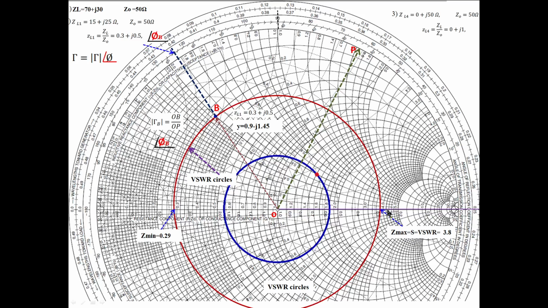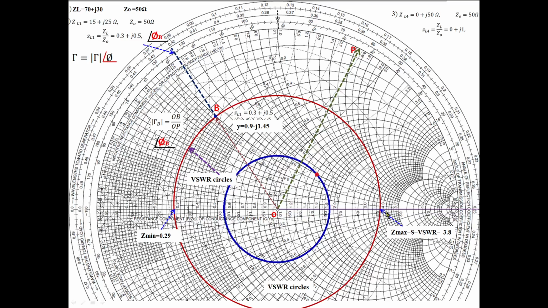For this example, it is 3.8. You see, this is the R equal to 4 circle. This is 3, this is 4. The R equal to 3 circle is this, and the R equal to 4 circle is this. Oh sorry, this is 3.6.